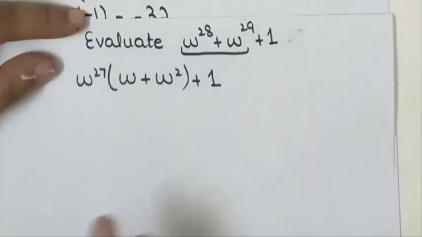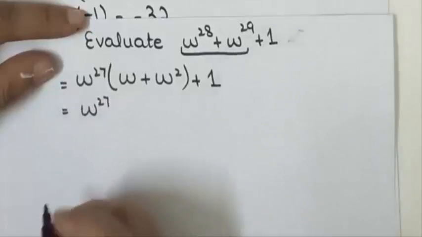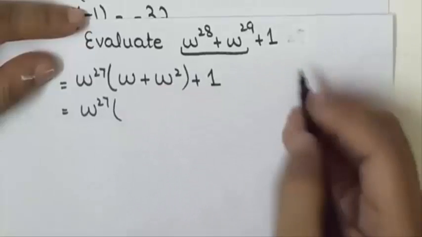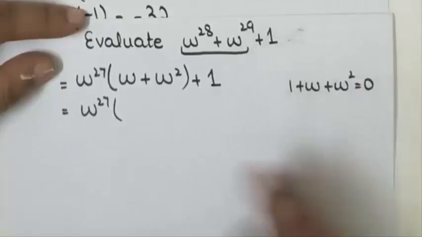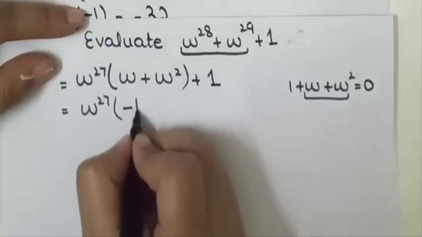Plus 1 will be written as it is. This is omega 27 into omega plus omega square. 1 plus omega plus omega square is equal to 0. So omega plus omega square is equal to minus 1.